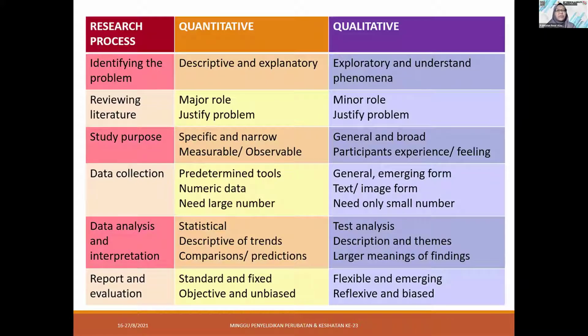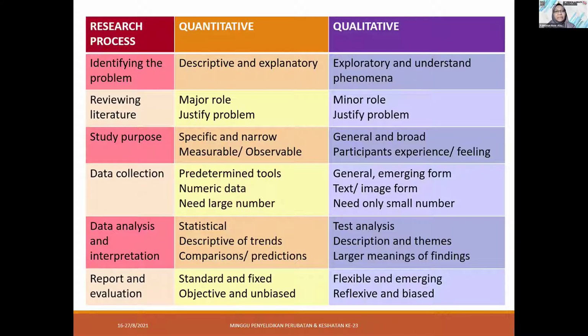Then in reviewing literature, both are almost the same. However, in quantitative it plays a major role in seeing what previous studies did, and it also justifies the problem you want to study. In qualitative it's a minor role, but you still have a literature review to see what aspect or angle of studying the problem or phenomenon there is.